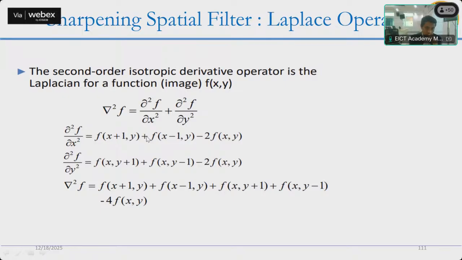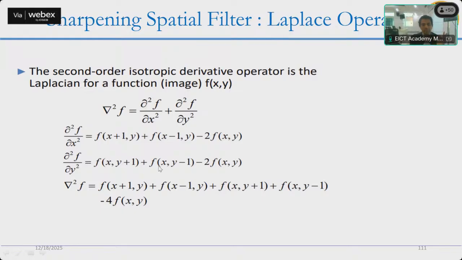Because your image is basically a discrete function, it is very simple: f(x+1, y) + f(x-1, y) - 2f(x, y). What is it saying in the x coordinates?